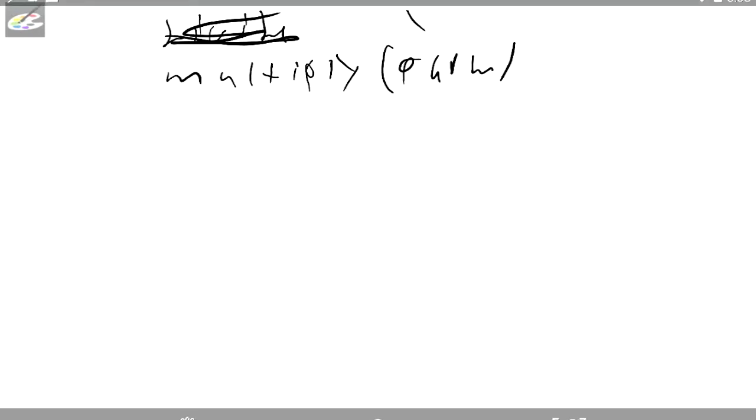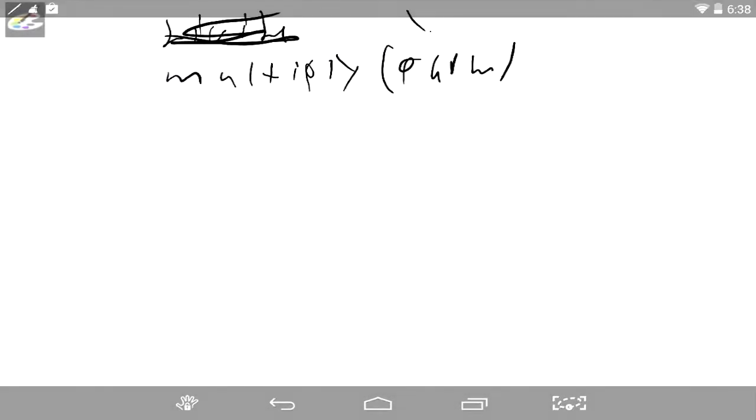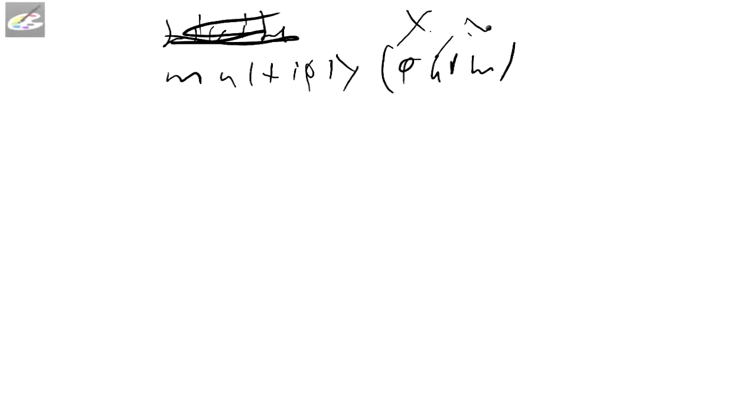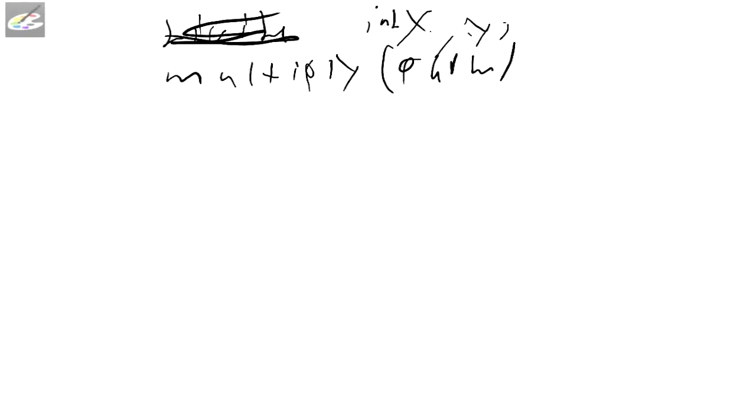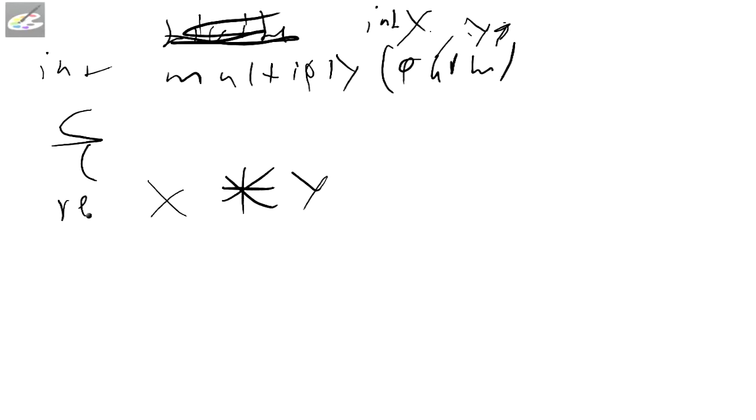We're going to say multiply. And then in here you're going to have your parameters for the variables you pass in, right? For this case we're going to say that they're ints x and y, that these are both ints. And then in here we're going to have it return an int. So inside we're just going to do a simple multiply, x times y, and then we're going to return that.